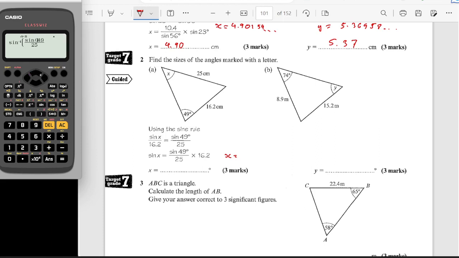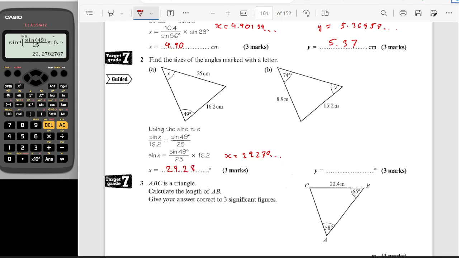Missed my bracket off there. Times by 16.2. Close my bracket up. That gives me 29.278... So to 3 decimal places, I'll go 29.28.